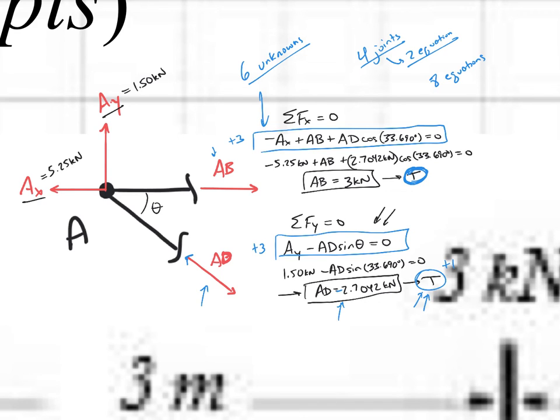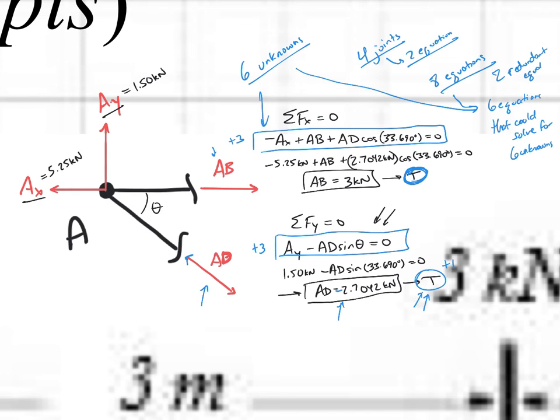So from a grading standpoint, I needed 6 equations, 6 out of those 8, that could solve for the 6 unknowns. That means you've got 2 redundant equations.